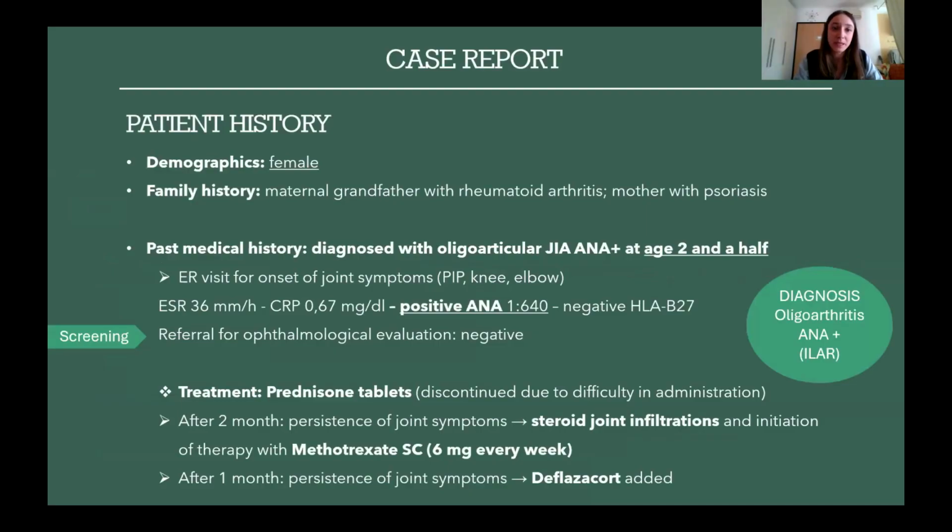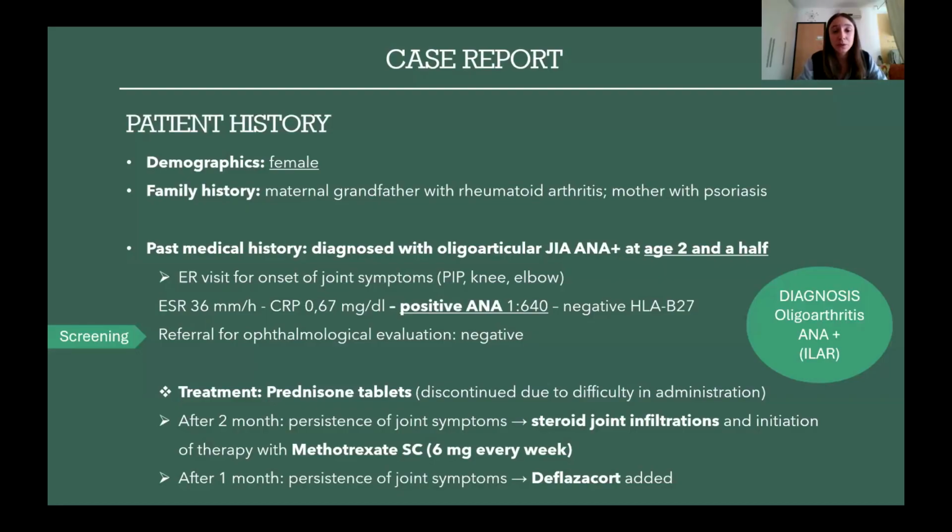She presented a positive family history with rheumatoid arthritis and psoriasis. She initially presented with joint symptoms at proximal interphalangeal, knee, and elbow. She tested positive for ANA, and she was treated with prednisone tablets, but she discontinued due to difficulty in administration.